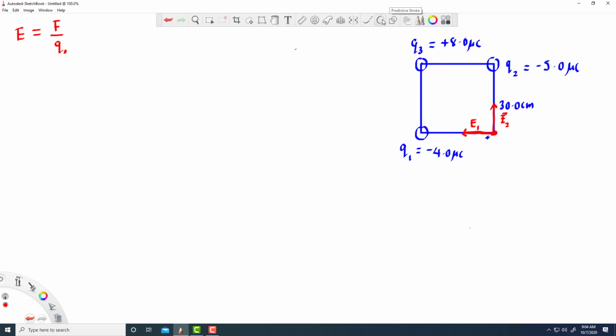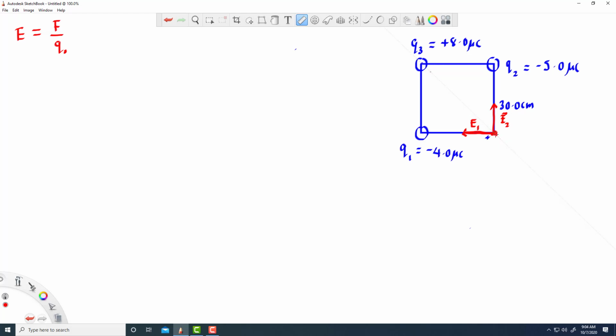the test charge. So let's draw the direction of electric field away from the charge.